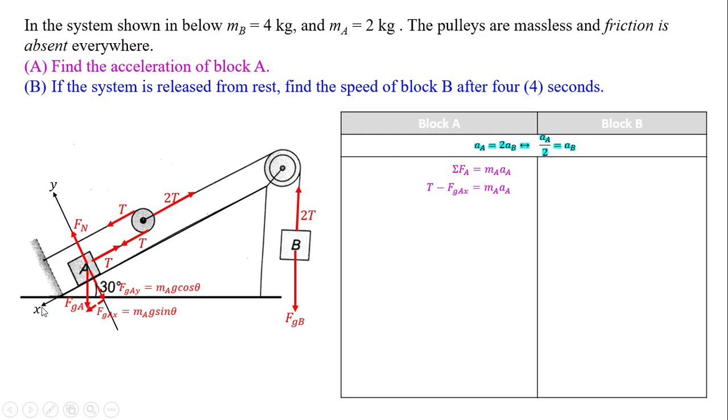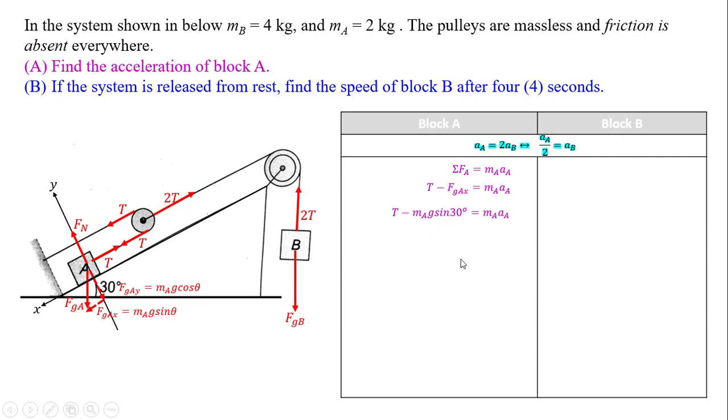So here you want to just use forces that are parallel to the surface of the ramp because the block is moving up the ramp. So T is parallel to it. F of gx is parallel to it. It's acting against it though, so I subtract. So T is pulling up. F of gx is against it. So I'm just going to subtract. Here I'm just going to break up F of gx, which is simply m_A g sine theta, which I already stated over here.